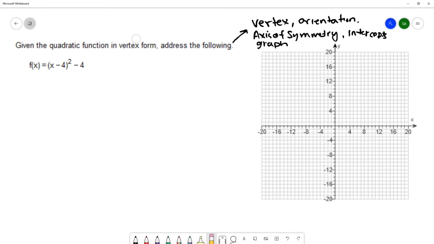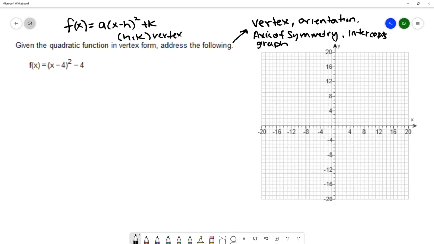The vertex form of a quadratic is f of x equals a times x minus h squared plus k. And the ordered pair (h, k) is the vertex of the parabola.